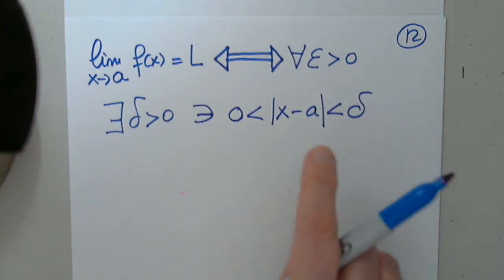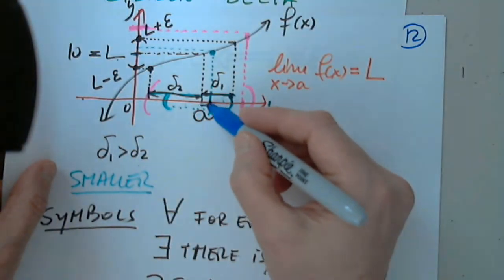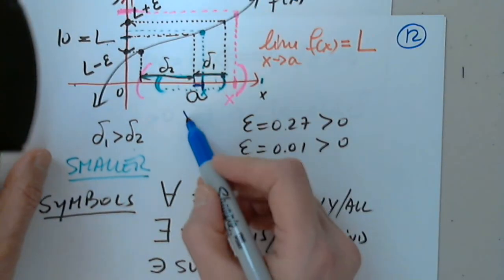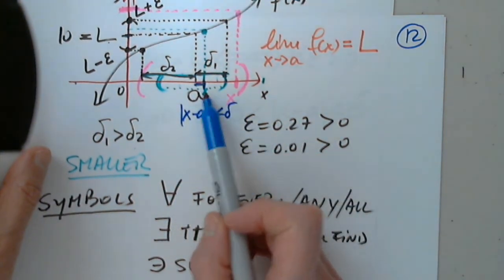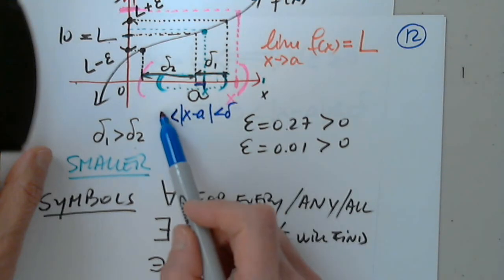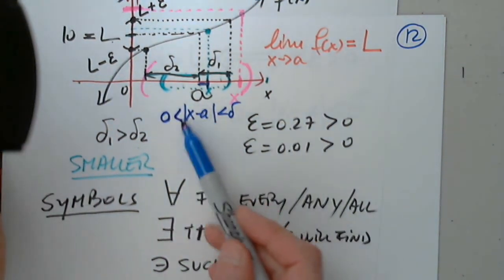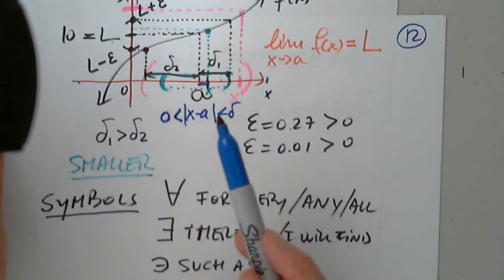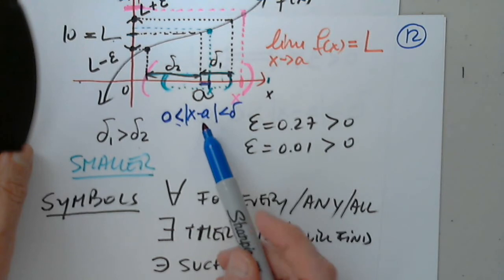This only says that I pick x with a distance from a, x minus a, less than delta, which means x cannot be a. That's why we write greater than 0. Why would I write that the absolute value is positive? No, I'm not writing that. I'm writing that it's not equal to 0, actually.